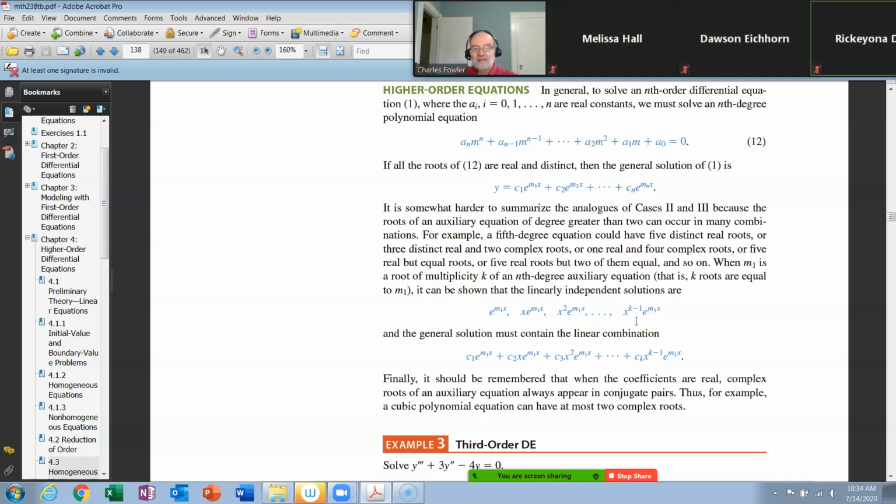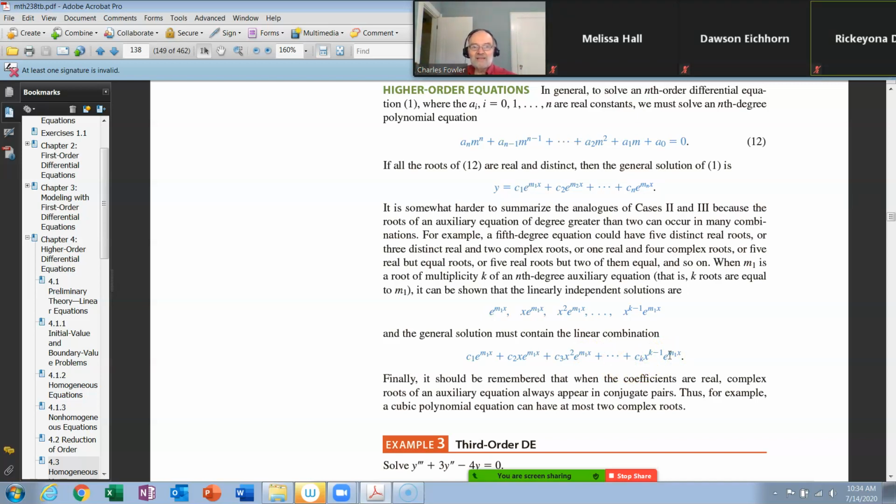Then your general solution would be some linear combination of those: c1 e to the m1x plus c2 x e to the m1x, still the same m there, plus c3 x squared e to the m1x, all the way up to that one. And that will handle any multiple roots you have.